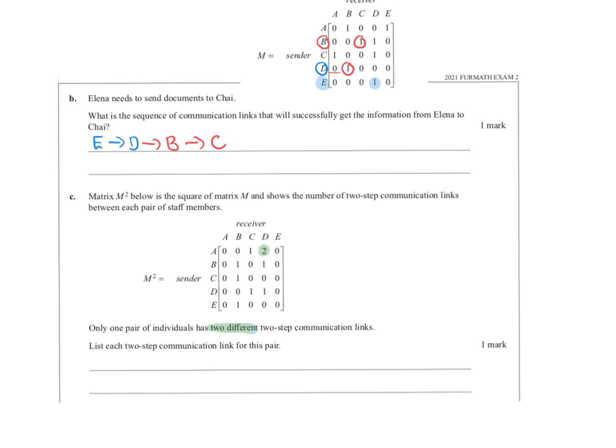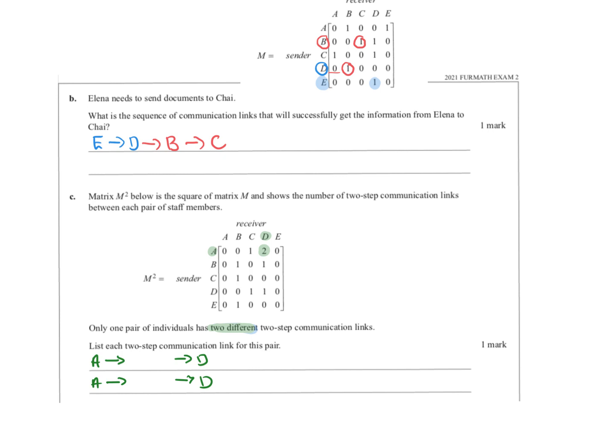And it's here, and it's between A and D. So what that tells me is that there's two options of two-step links between A and D. So A is going to send it to someone else that goes to D, and there's two options. So what are those options? Who can A talk to, who can then talk to D?